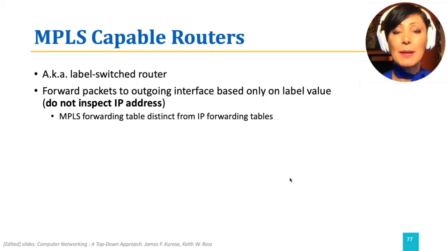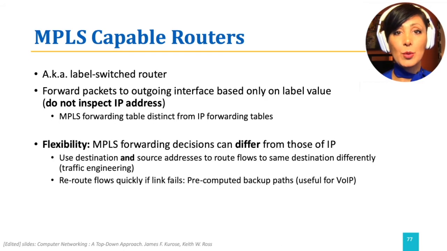MPLS forwarding table is distinct from the IP forwarding table, and the forwarding decisions might be completely different. It can use destination and source addresses together to route flows to the same destination in a different way. Remember that not being able to support this was a concern in destination-based forwarding.